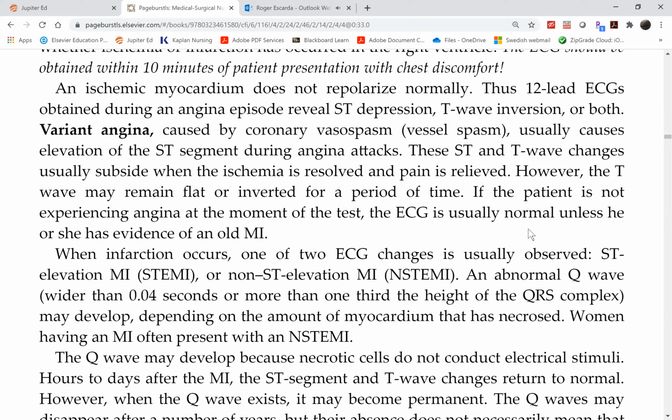The doctor needs to see where the ST wave changes are occurring from. Is it on the left side, on the right side, on the bottom, on the top, or from the back?